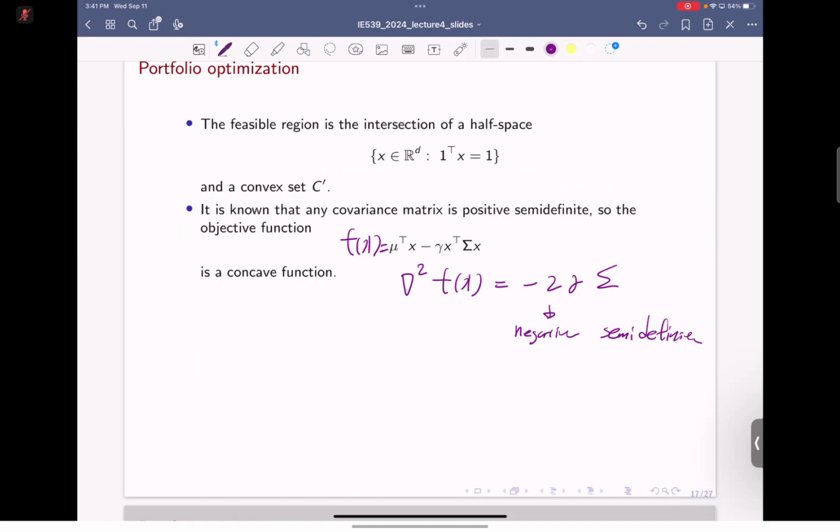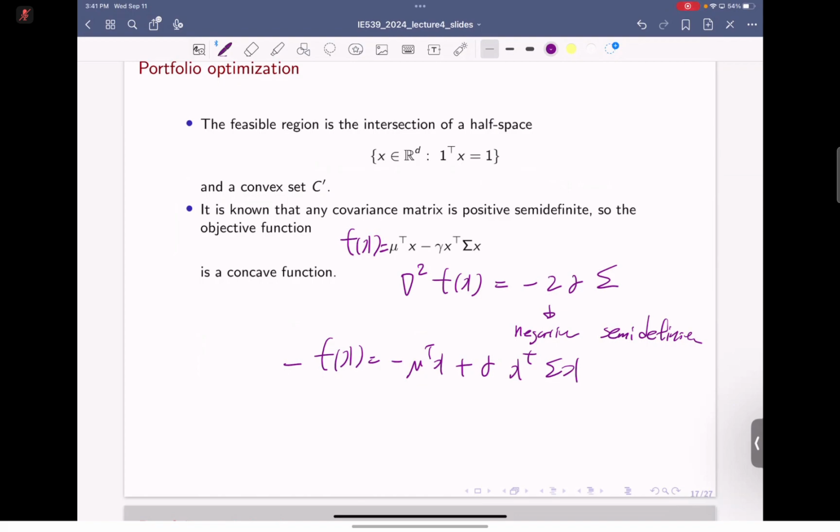Well, in fact, minus f of x is minus mu transpose x plus gamma x transpose sigma x. Now, if you look at this function, and you take the Hessian of the second function, then you get a positive semi-definite matrix.